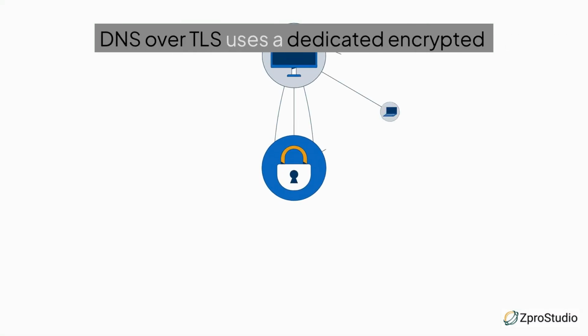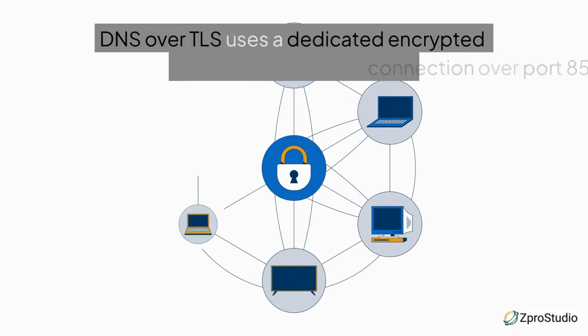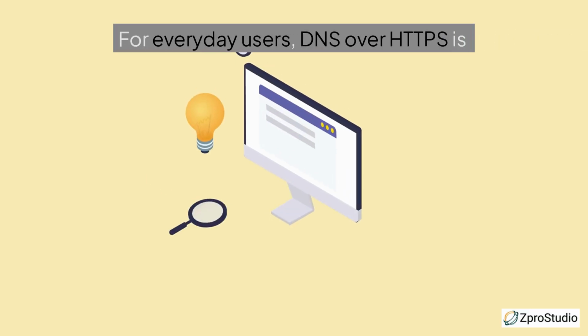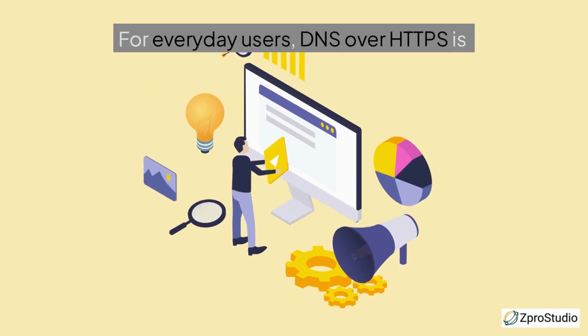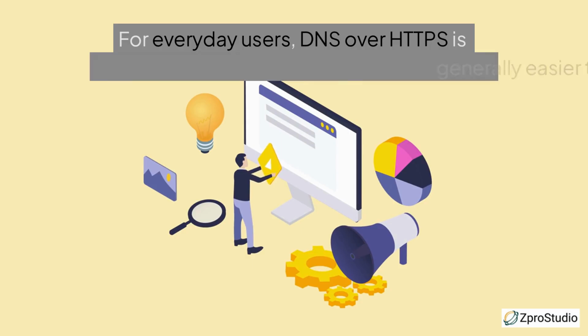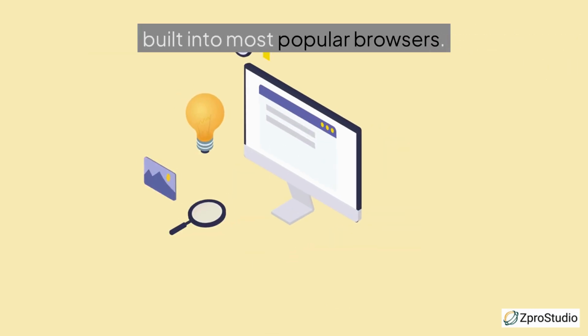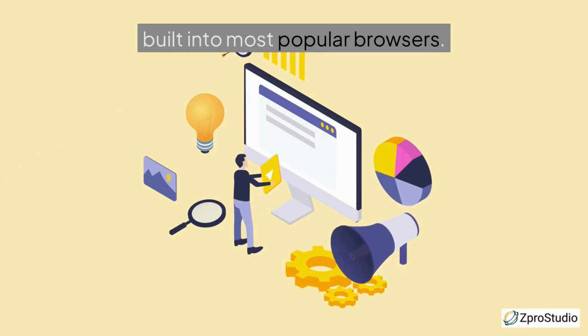DNS over TLS uses a dedicated encrypted connection over port 853. For everyday users, DNS over HTTPS is generally easier to use because it is already built into most popular browsers.